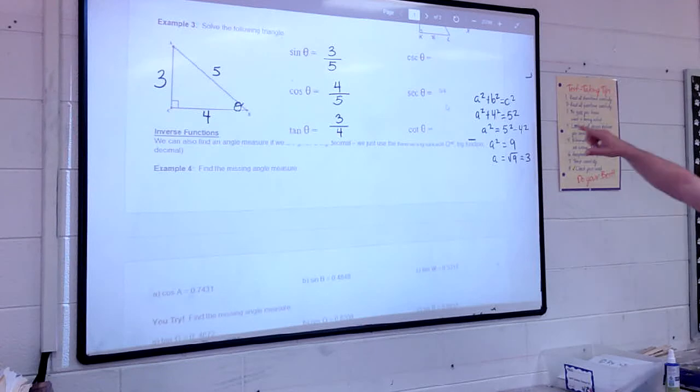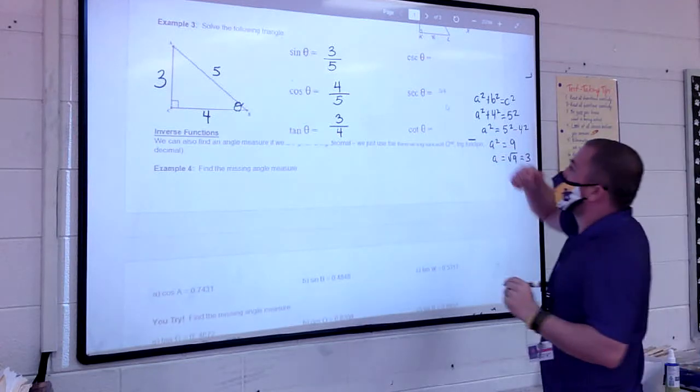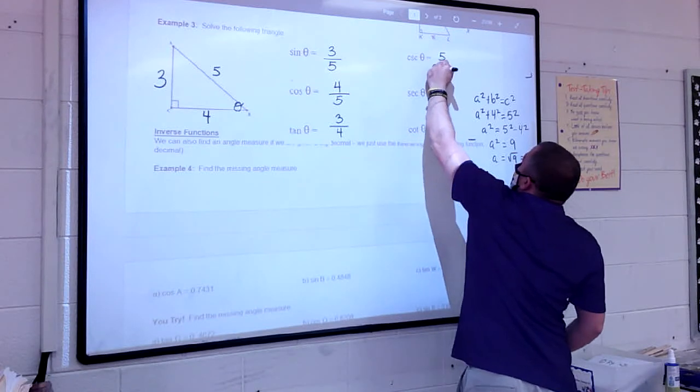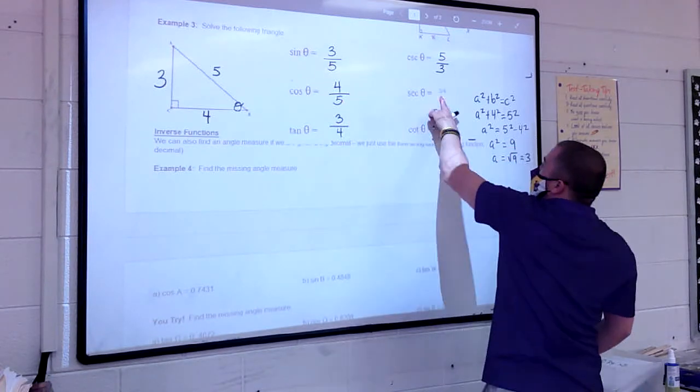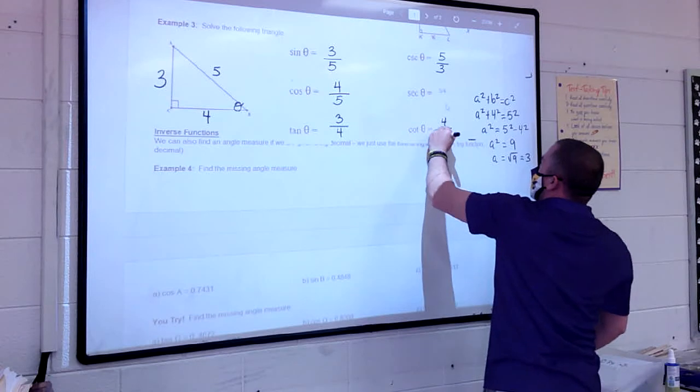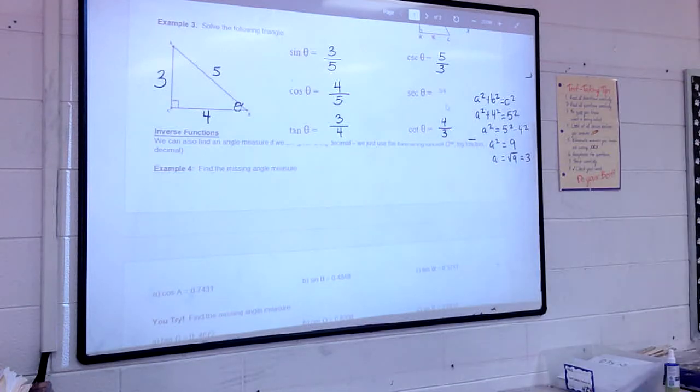Now, remember, if you get sine, cosine, and tangent, you've got the other ones, you just flip them. So if this is 3 over 5, this is 5 over 3. If this is 4 over 5, that one's 5 over 4. If this is 3 over 4, this is 4 over 3. So you can write the decimal beside those. Sine is 3/5, that's 0.6.